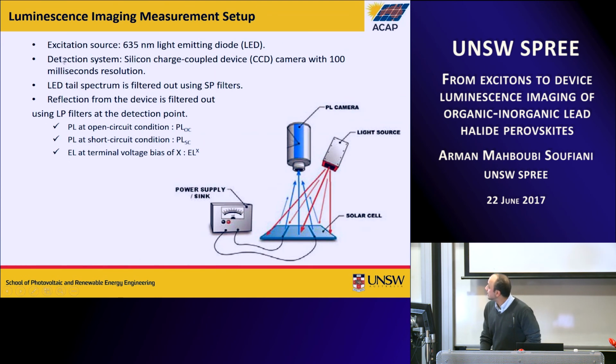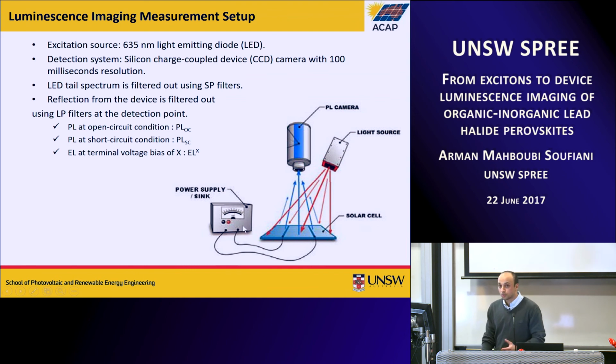Okay, here you can see a typical luminescence imaging setup. For doing the photoluminescence imaging, you need a light source. This is an LED, which illuminates the device. You create the carriers, they recombine. The radiative recombination is detected by a CCD camera.